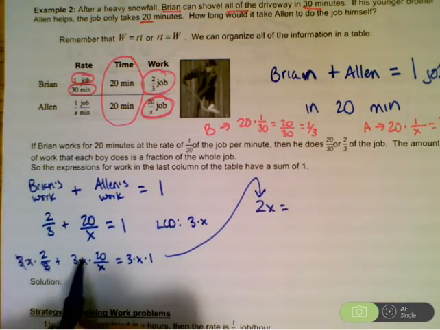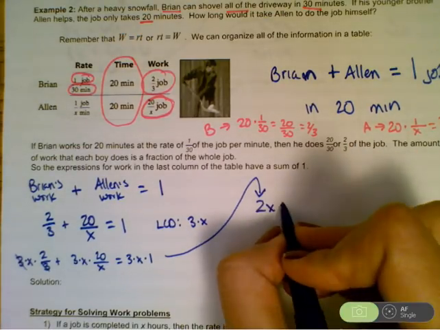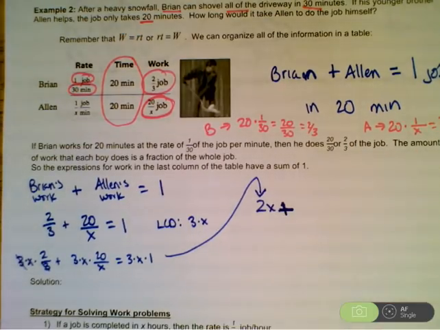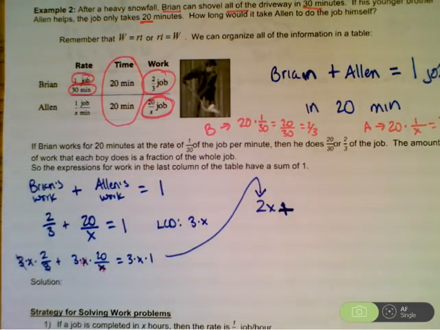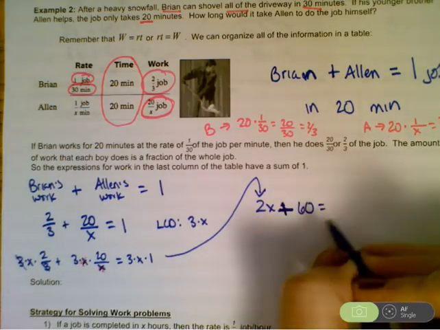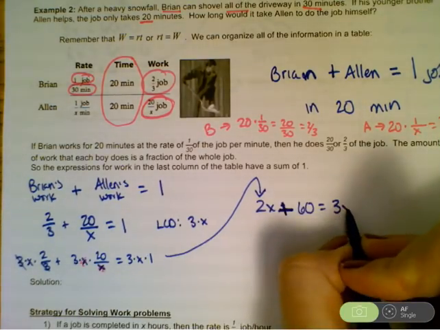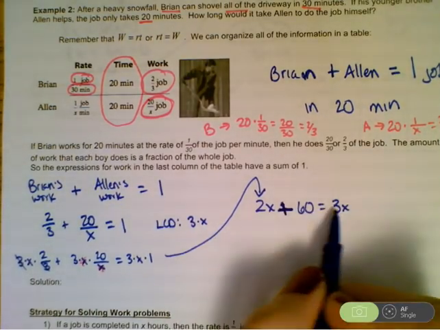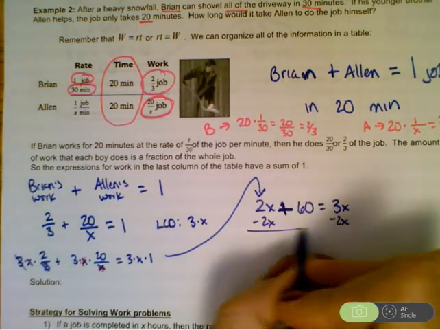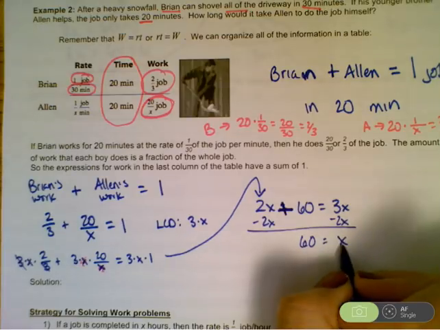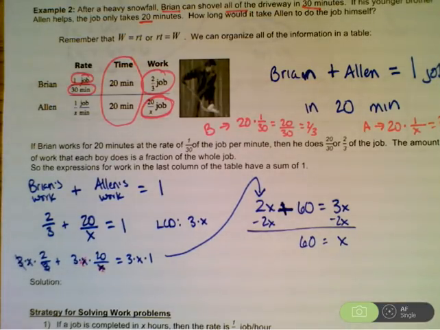The x's cancel, and I get 3 times 20, which is 60, equals 3x. I've got x's over here and x's over here, so I subtract 2x, and I get 60 equals x. Well, that's convenient.